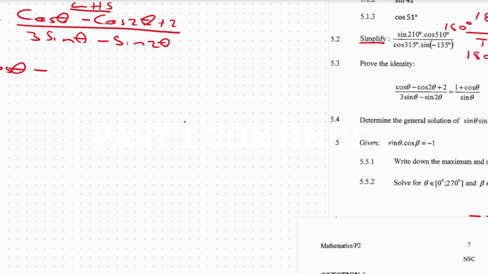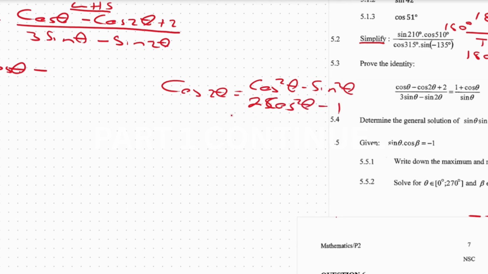What I mean by that, remember cos 2 theta is the same thing as cos squared theta minus sine squared theta, then 2 cos squared theta minus 1, then is also the same as 1 minus 2 sine squared theta. So now I have to choose between these 3 identities, which one I will substitute.